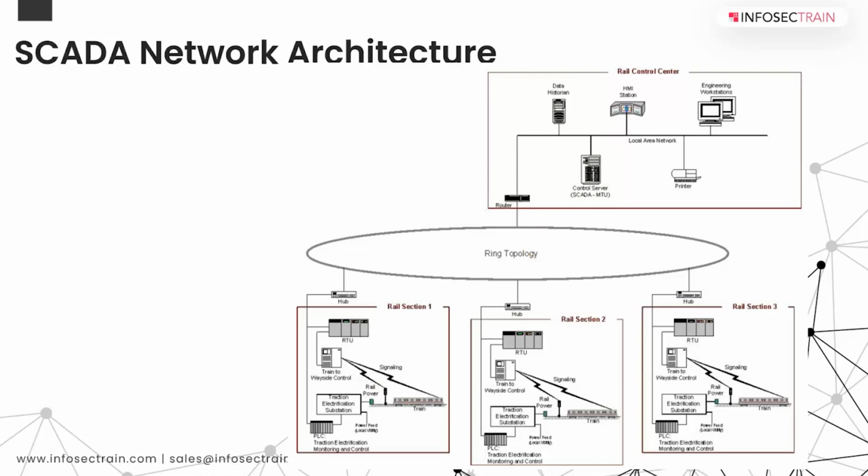And based on the condition that is monitored, various commands like stopping a train can be issued, for example, if there is a jam here, or there's a broken train shut down due to some issue, or if it is flooded, or there is another unscheduled train coming. Anything can be tracked and monitored remotely from the rail control center. This is how it is at a basic level. There could be various enhancements based on the rail operator needs and requirements. And of course, the regulations and compliances also play an important role.